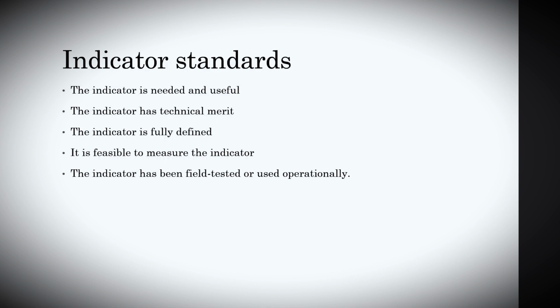It is an indicator that can be measured, that has a denominator, numerator, and a value. And lastly, your indicator must be field tested or used operationally. Your indicator has been tested before, and it must be satisfactory that it can be used in other settings.